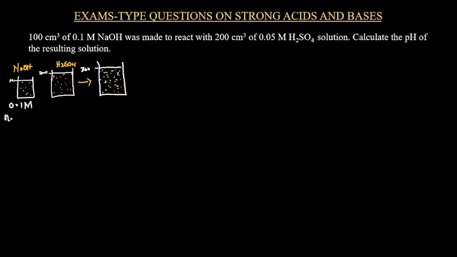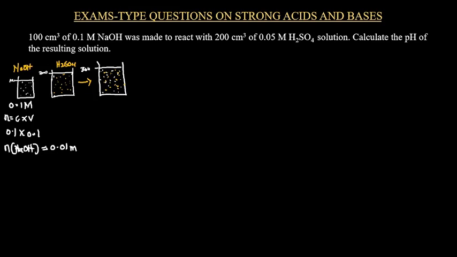That means that the mole, which is equal to concentration times volume, is going to be 0.1 times the volume, which is 100 cm cube, but when we convert it to dm cube, it's going to be 0.1 dm cube. And so the mole of NaOH is going to be equal to 0.01 mole.